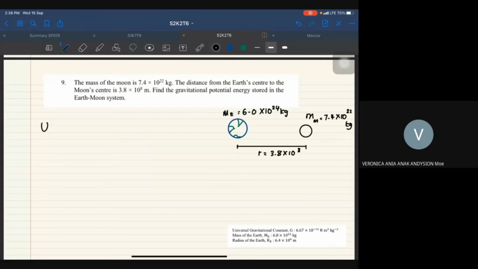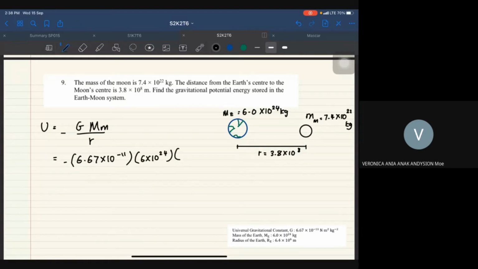Okay, U is equal to negative G M m over R. R is the distance between those two, sorry. So it will be negative 6.67 times 10 to the power of negative 11. Mass of Earth is 6 times 10 to the power of 24.